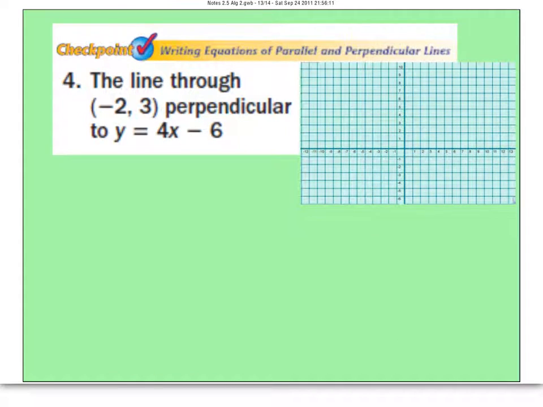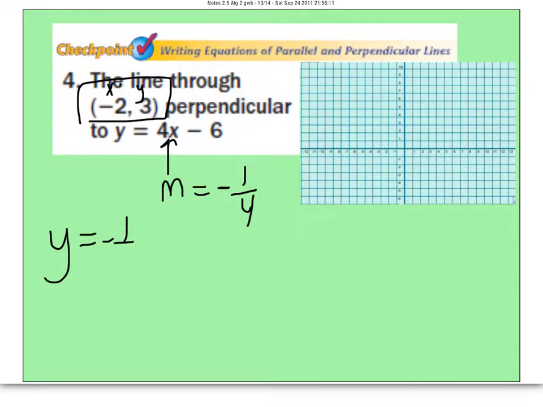Another perpendicular example, they want a line through this point of x and y, but it is perpendicular to this current slope. So we know the new slope is opposite, so negative, and the reciprocal of 4, or 4 over 1, is 1/4. So we have y equals -1/4 x plus b. I'm going to put in 3 for y, -2 for x.